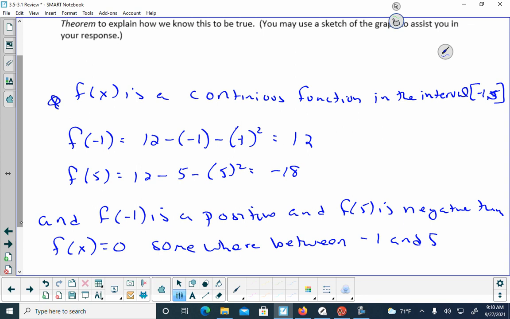You have to cross the x-axis to go from negative to positive. If you cross the x-axis, you're equal to 0.